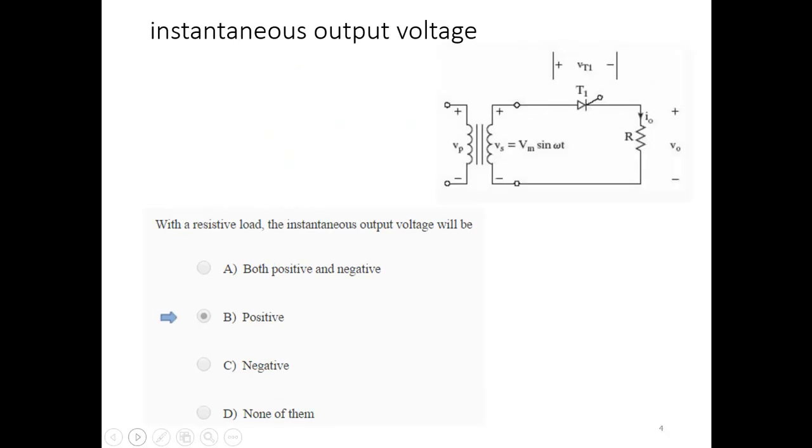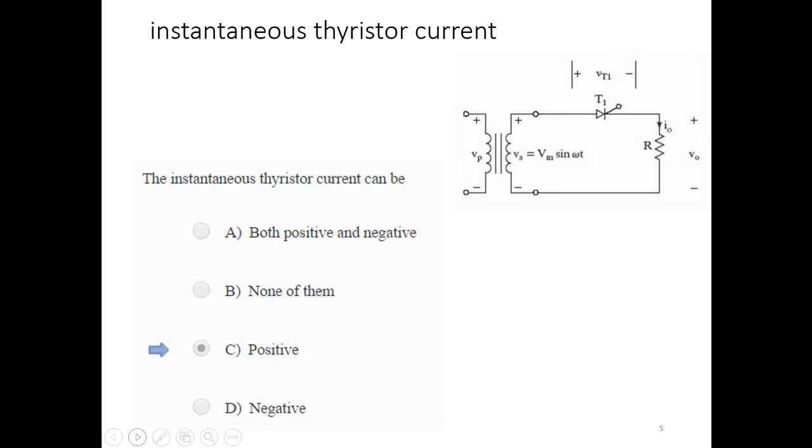The instantaneous output voltage in this particular case would be positive, depending on the triggering angle. The instantaneous thyristor current can only flow through this thyristor and will be only positive. No current can flow in the opposite direction.